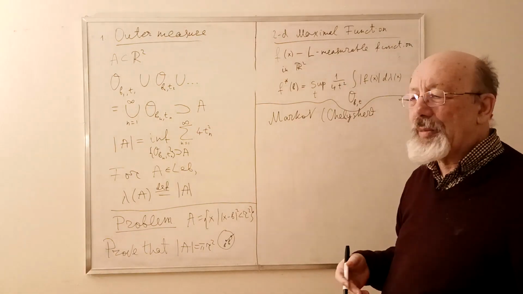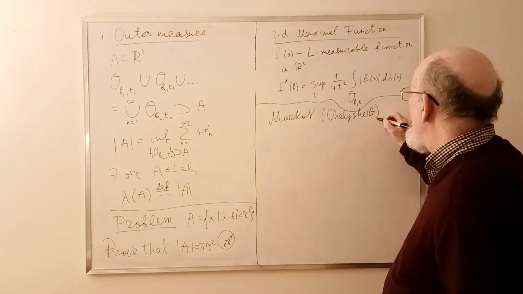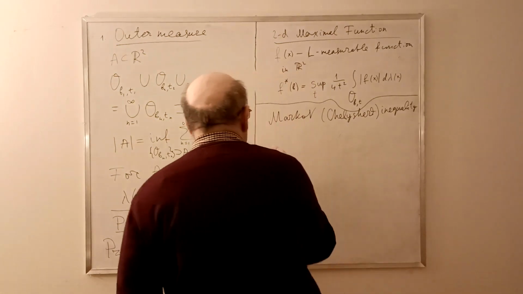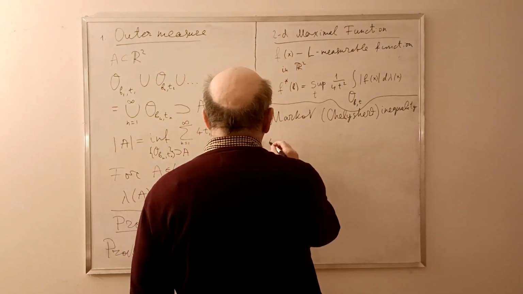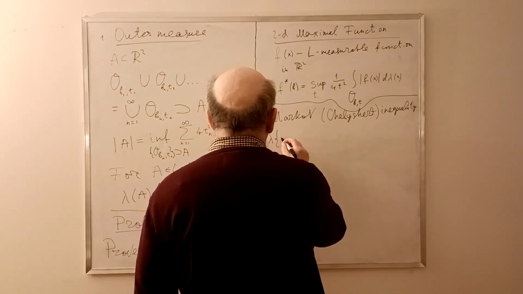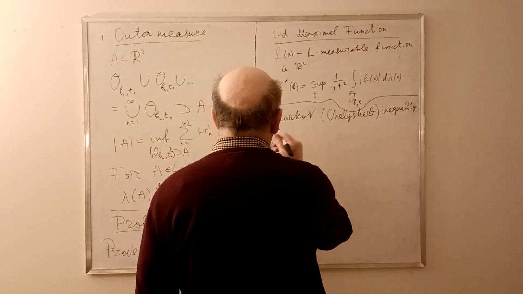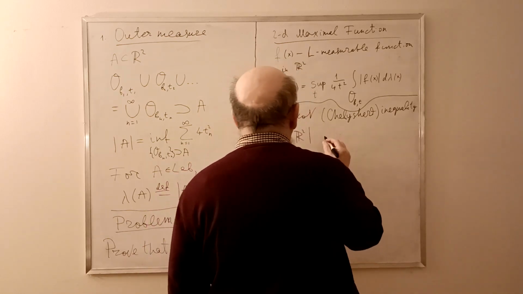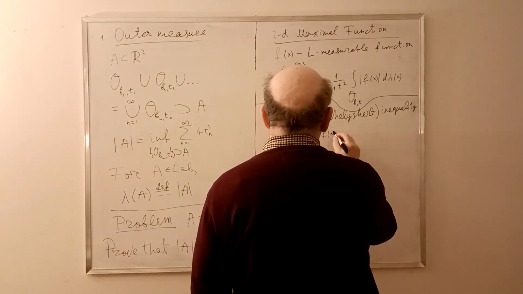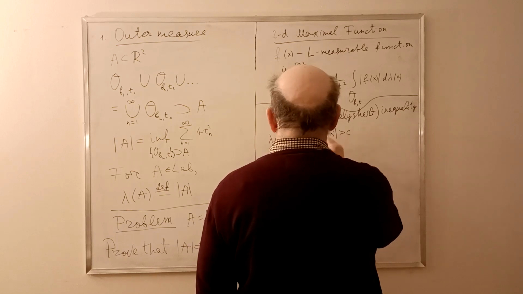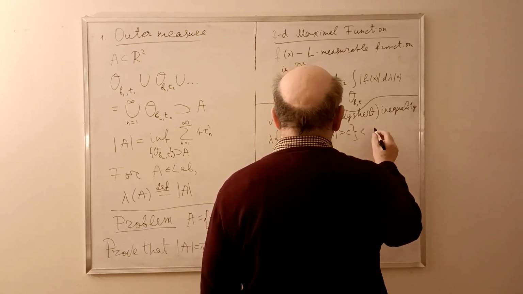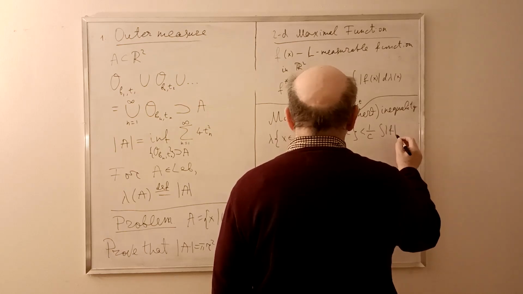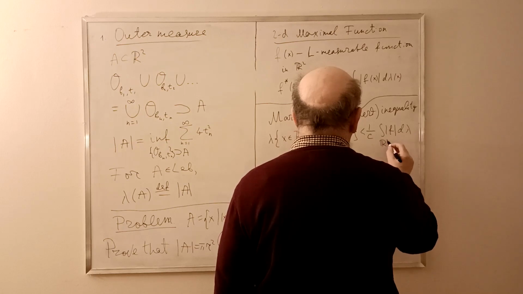In most books, especially in probability theory, it is called the Chebyshev inequality: the measure of the set of x in R2 such that modulus of f of x is more than c is less than 1 over c times the integral of modulus f d lambda over R2.